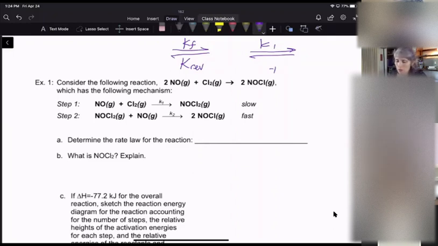So here, determine the rate law for the reaction. So if we're saying this has the following mechanism, then these must be what? They must be elementary steps. So that's what we're proposing. Let's say that these are the elementary steps. Then the rate law is going to be determined by this one. So go ahead and write that rate law.